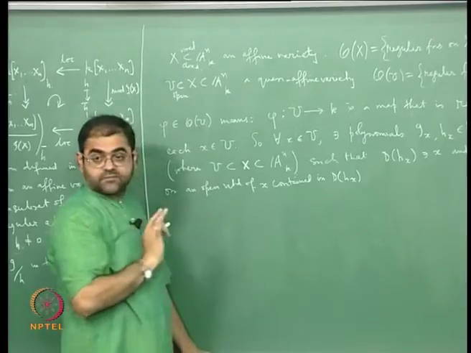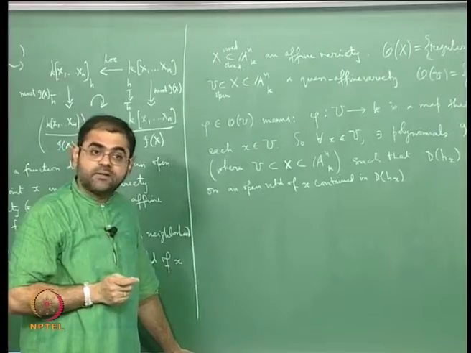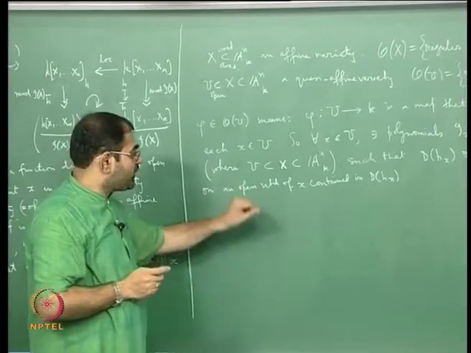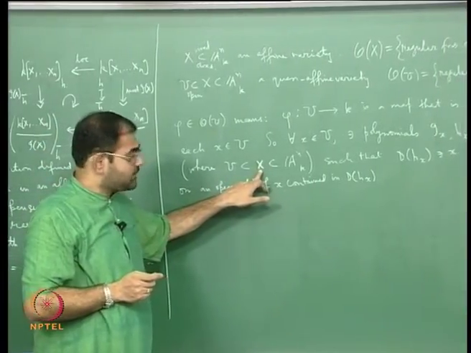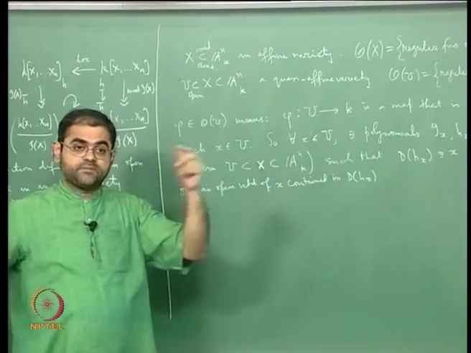So you see, there is a problem with this definition. The problem is it's so arbitrary in a certain sense. The same affine variety X could sit in so many affine spaces.